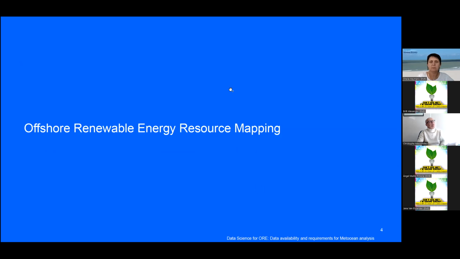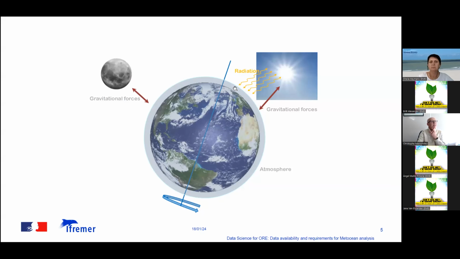So offshore renewable energy resource and mapping. So you recognize here the Earth with a thin atmospheric layer. The Earth is rotating around its axis and submitted to gravitational forces, and it also receives solar radiation.